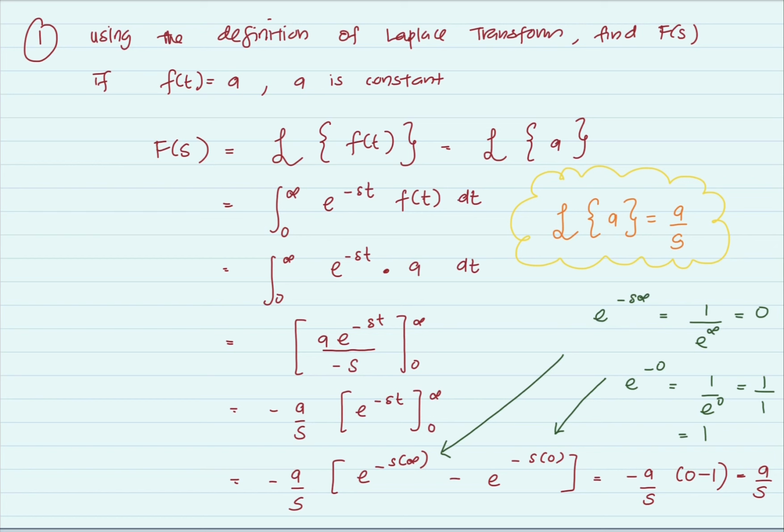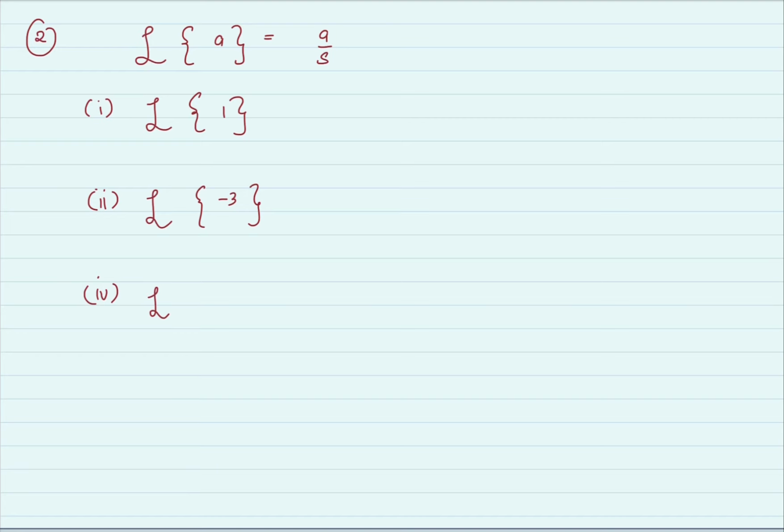Since we already know that the Laplace transform of a, where a is any constant, is equal to a over s, where s is greater than 0, let's say we want the Laplace transform of 1, or of minus 3, or of half, or any constant.